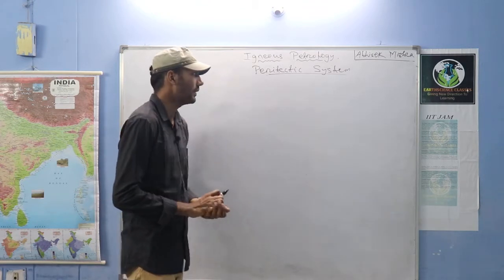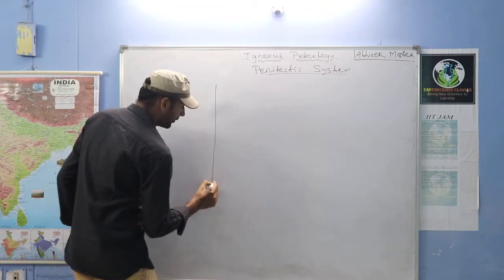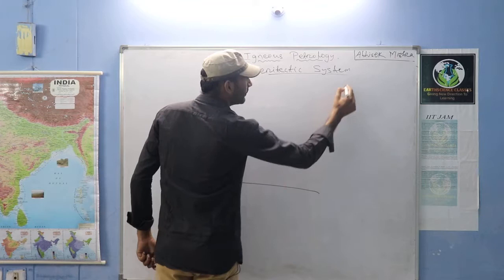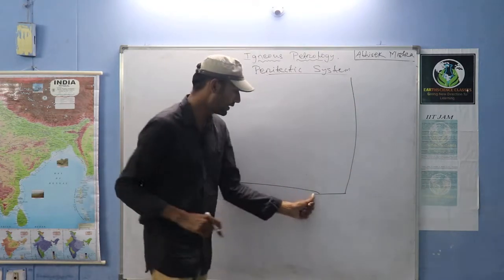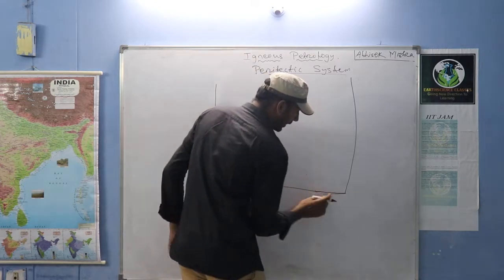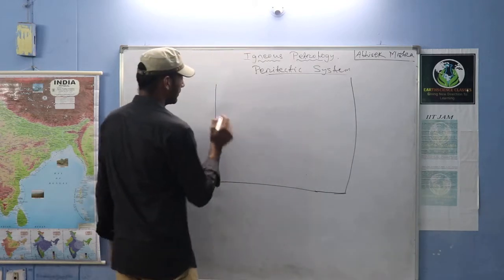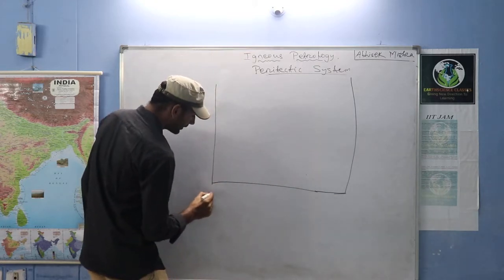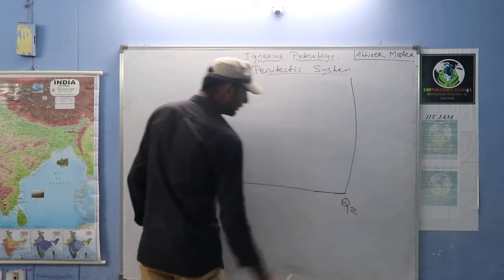I have already told this in eutectic. Now I will describe how this incongruent system is going to crystallize, or how the intermediate compound will be produced. So let's take the example of forsterite and quartz.